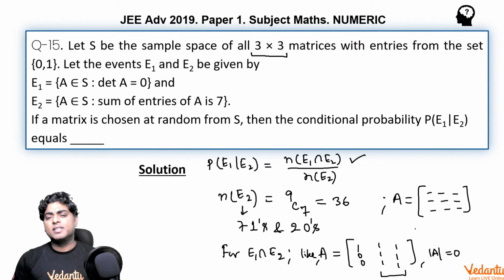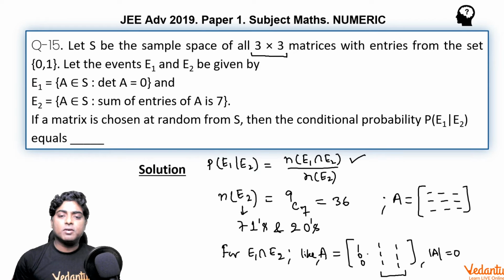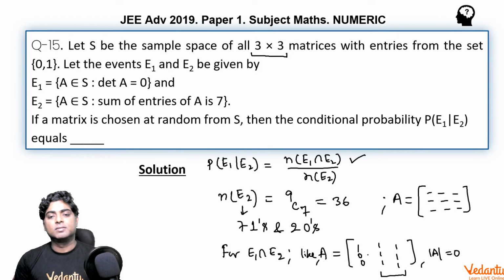In all other cases, you can easily track this. The determinant value will not be 0 if you place those two zeros in two different rows or in two different columns, right? So what is the number of cases inside E1 intersection E2?